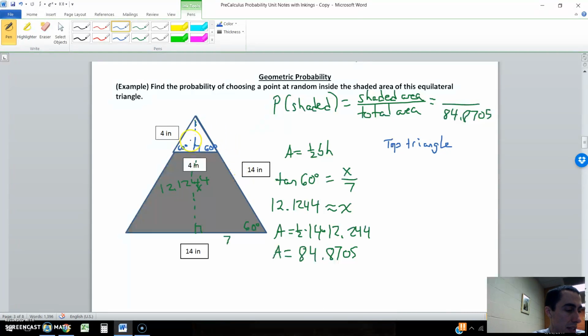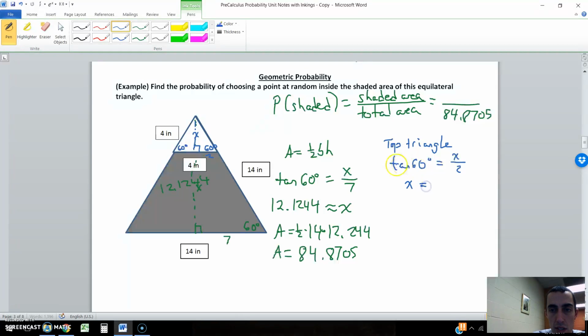And so finding that top triangle's area, we do it in the same way, doing tangent of 60 degrees. But now it's going to equal the opposite side, this x, over the adjacent side. And that adjacent side is going to be 2, because it's half of that full 4.